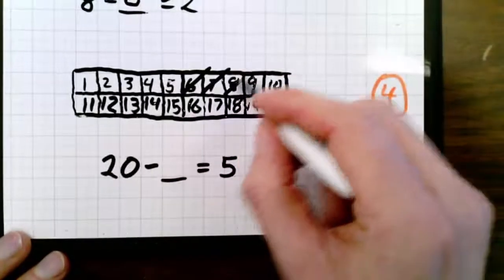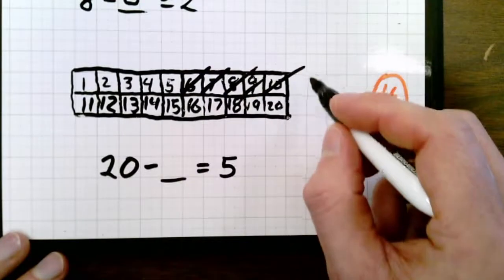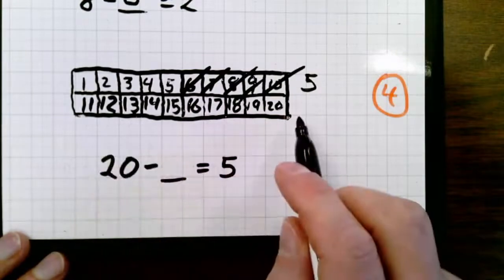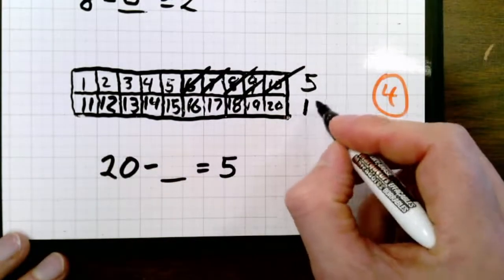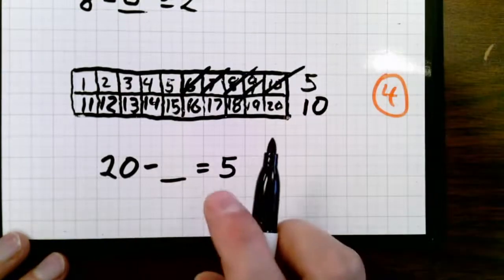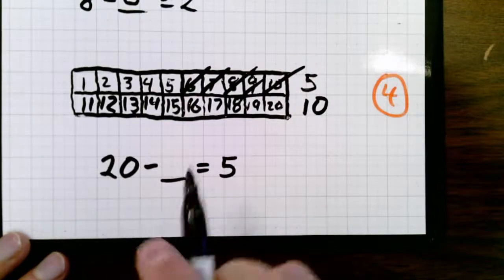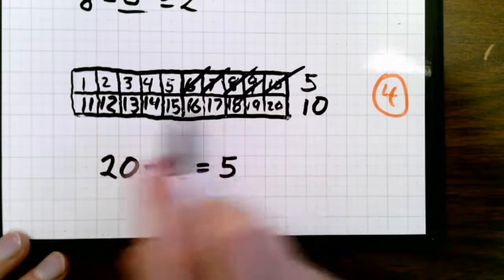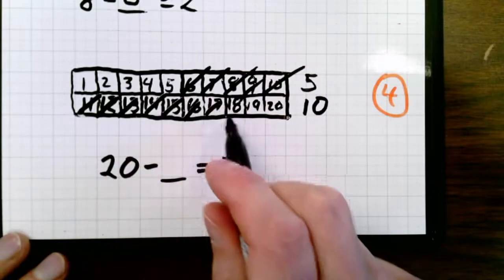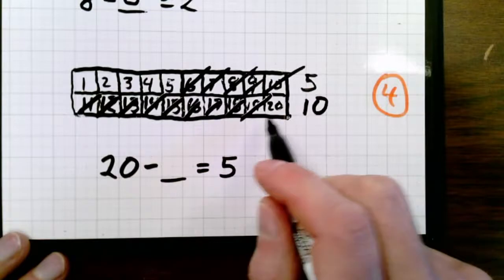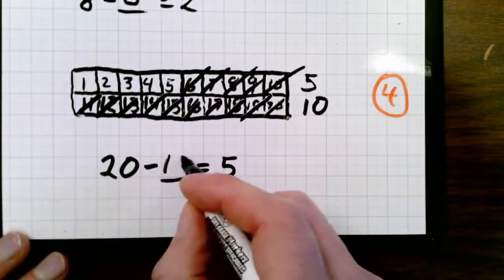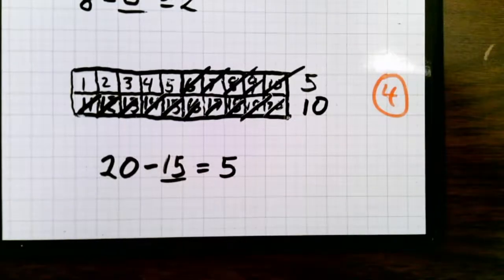I think, though, that this is going to be 10 in the bottom that I'll have to cross off. So I think that we'll have 15 altogether. Let's see. 5, 6, 7, 8, 9, 10, 11, 12, 13, 14, 15. Yeah? 20 minus 15 equals 5.